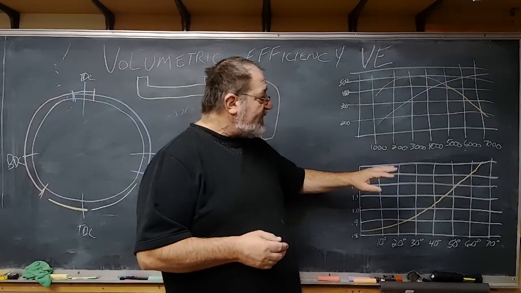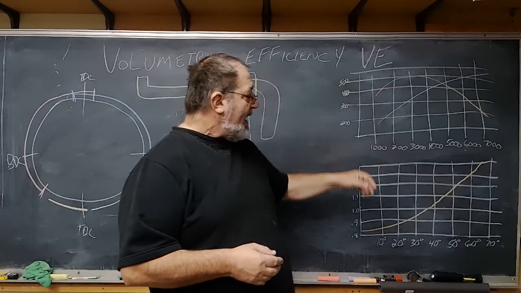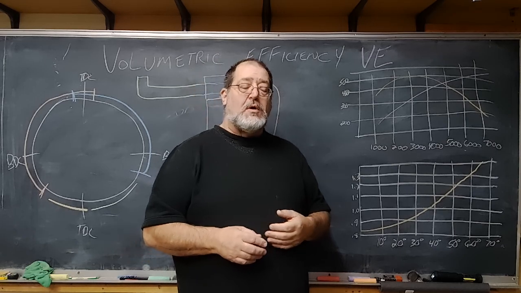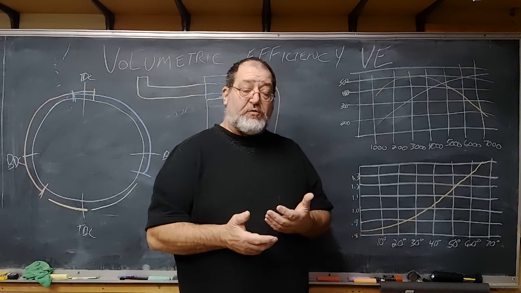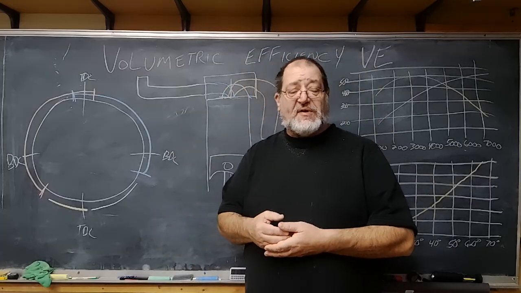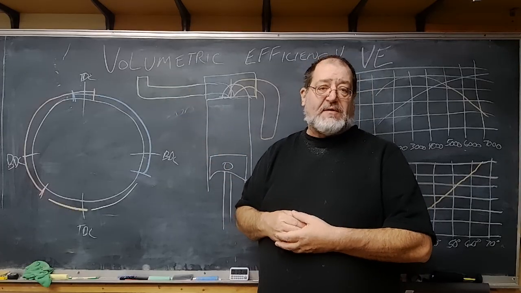So if you follow inertia RAM and you realize it works down here, and it's not just about the maximum airflow, you can see that it really is controlling your volumetric efficiency and why you need to size this stuff correctly. Why you need to know what does the intake flow.